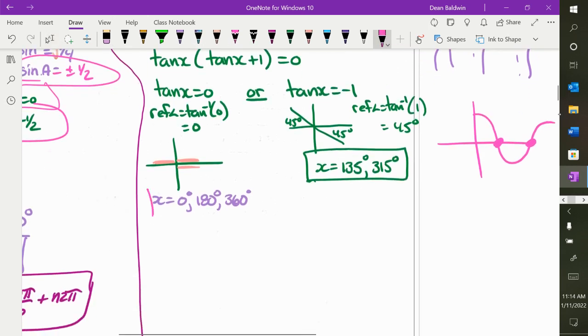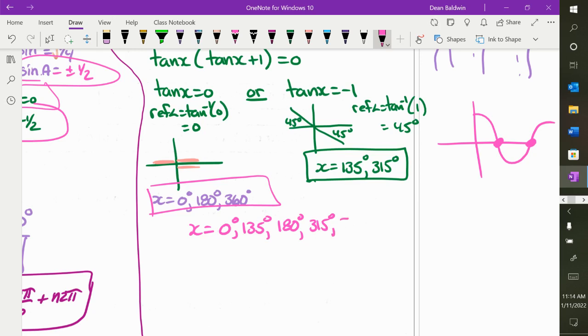All right. So the answers for this question are 0, and I guess we'll go in numerical order. So there it is in degrees. You list them all. And then in rads. What's 0 in rads? What's 135 in rads?